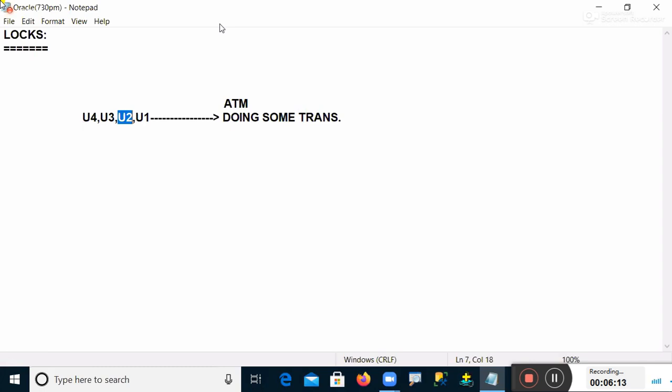So first user 1 goes to the ATM and is doing transactions, but in between, user 2 cannot access it. Yes or no? Suppose user 1 went to the ATM machine and is doing some transaction, like withdrawing money. Unless the first user's transaction is completed, is it possible for the second user to interfere?